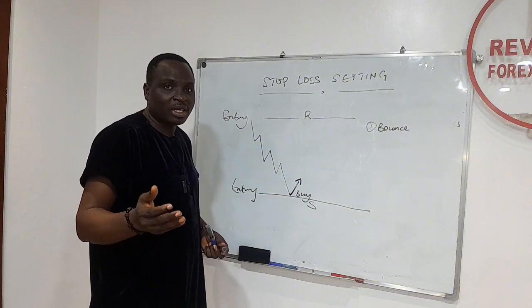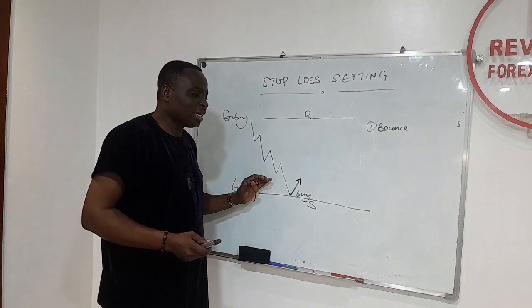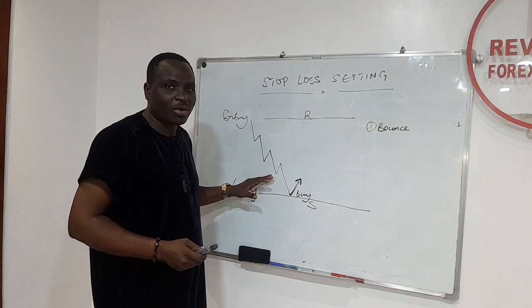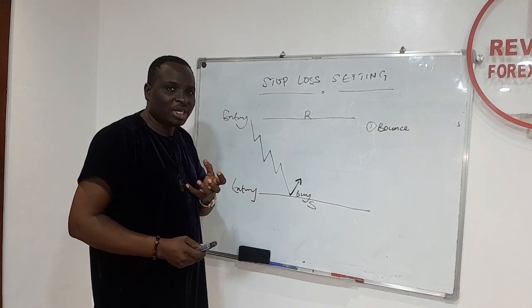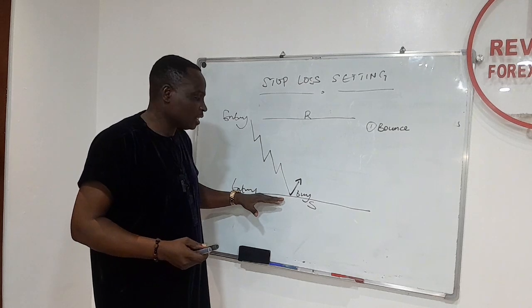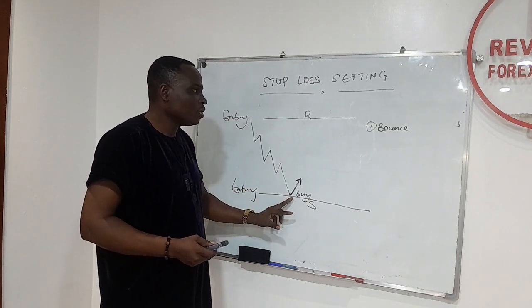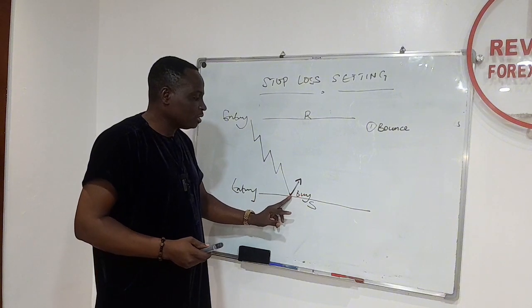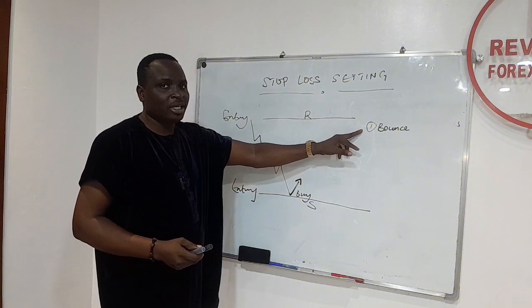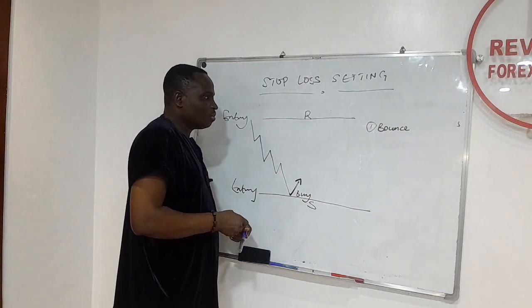At Red Global, we recommend that you do your analysis on the 4 hours for you to be able to have a quality setup that will lead to quality entry. So the first expectation is that market should bounce at the key levels. I will not dwell so much on this.